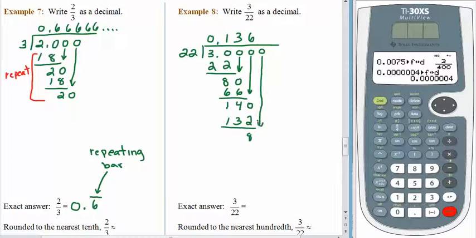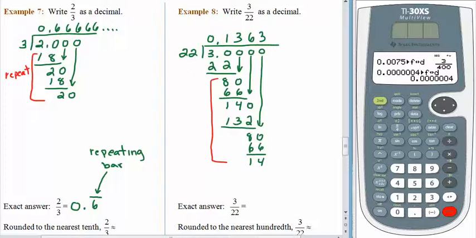Bring it down. And now we can see that something is going to start repeating because we've got this 80 again. 22 goes into 80 3 times. There's that 14 remainder. And we're back now to a spot where we can see the repeating work over and over again.